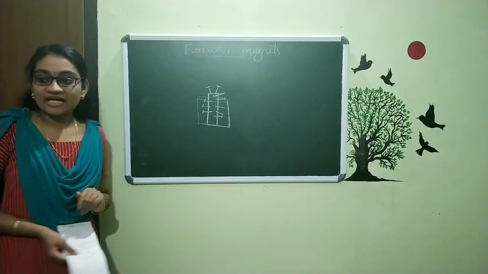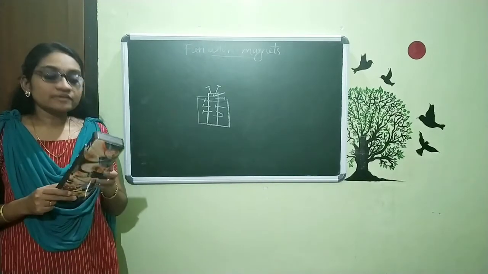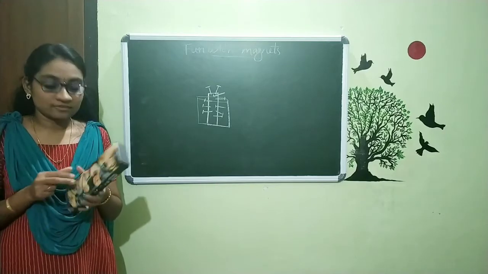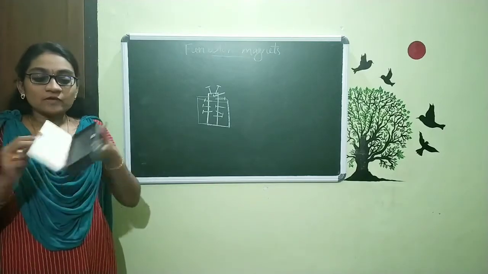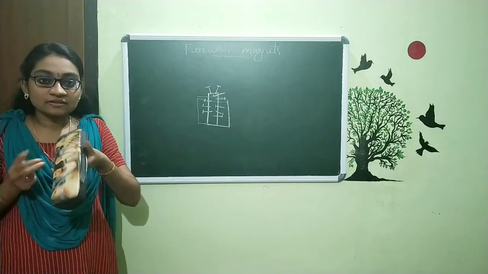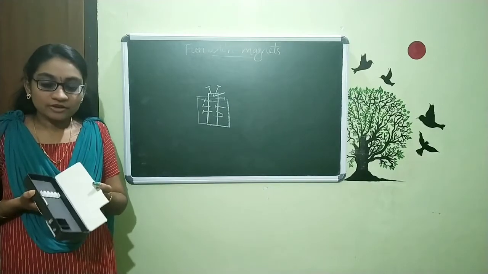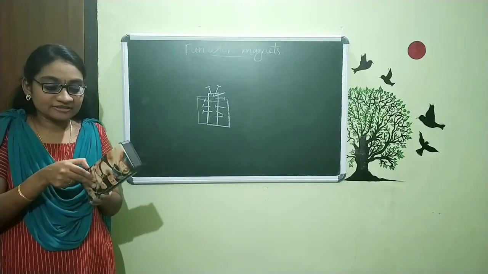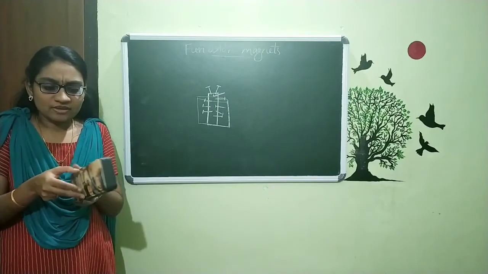I will also tell another example. Here you can see something. What is this? This is a pencil box. You may have this. When I close this, is there any lock mechanism here? No, but it is locked. When I put this near this box, what is happening?